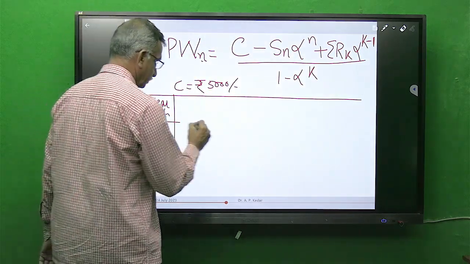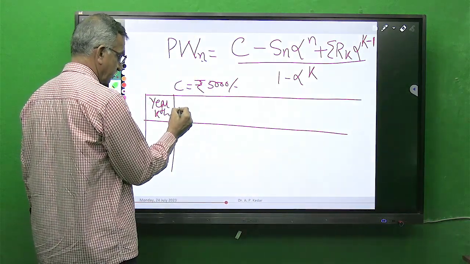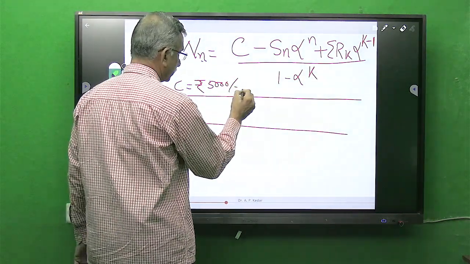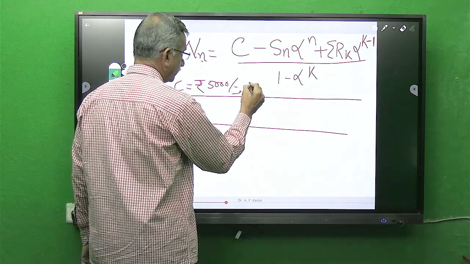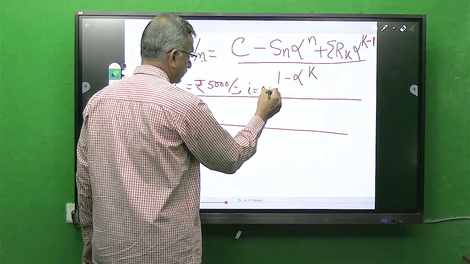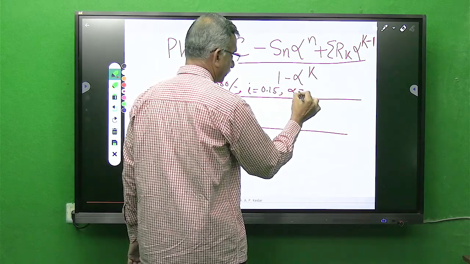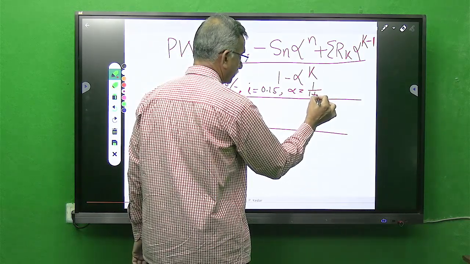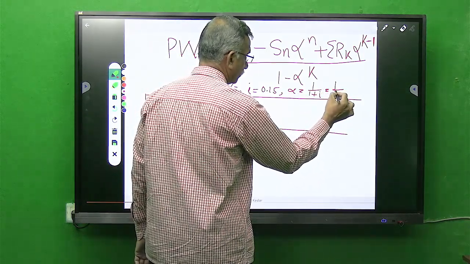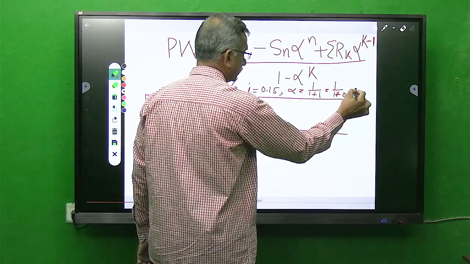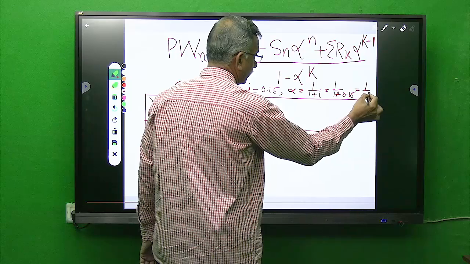Then, students, what will be our calculations? Along with that we are given the value of i, so we will write i as 0.15. Then based on this i, we will calculate alpha, 1 upon 1 plus i, 1 upon 1 plus 0.15, so it is 1 upon 1.15.